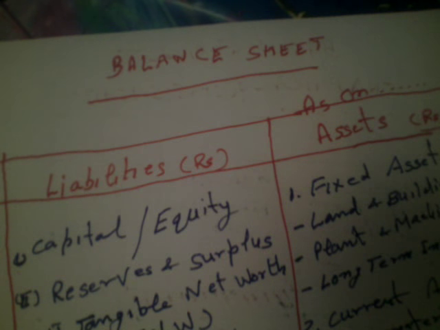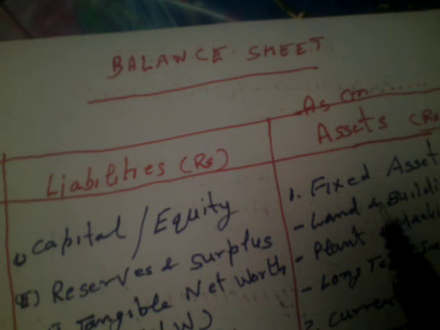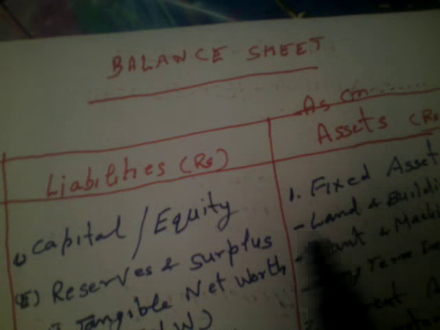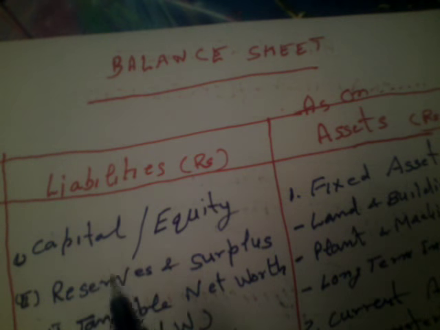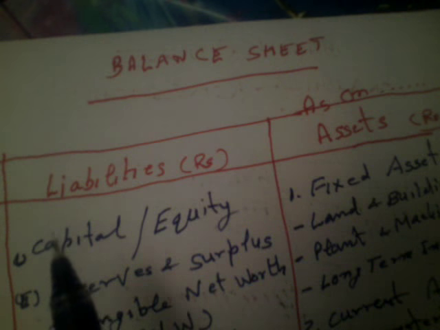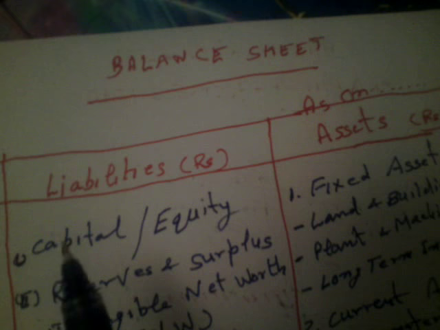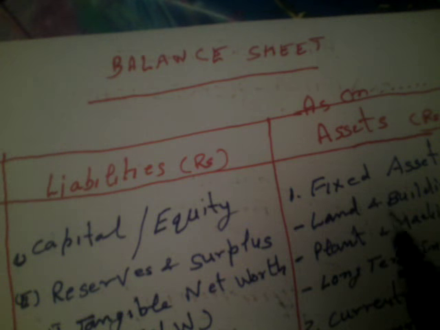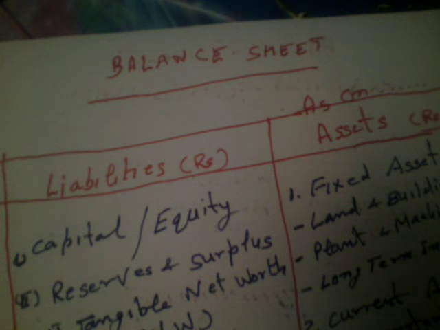So what are the various parameters or terms of a balance sheet? See, liabilities and assets. Assets means what is owned, liabilities what is payable to others. Or this also reflects as sources, that is liabilities, and assets as applications.